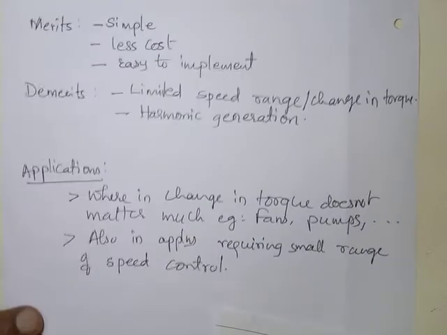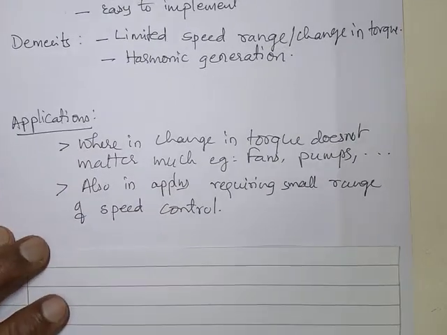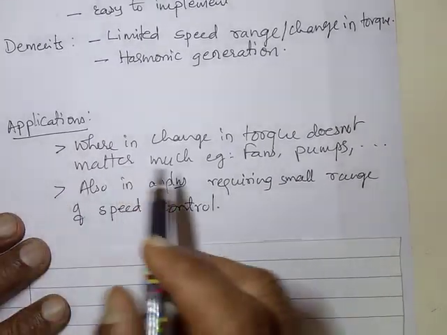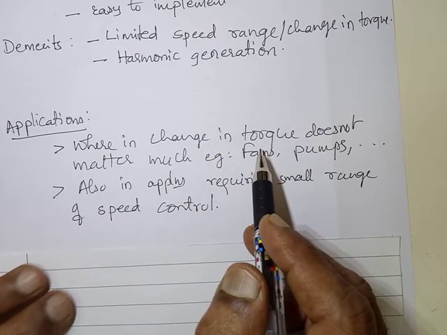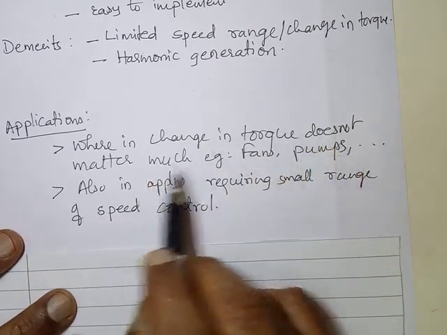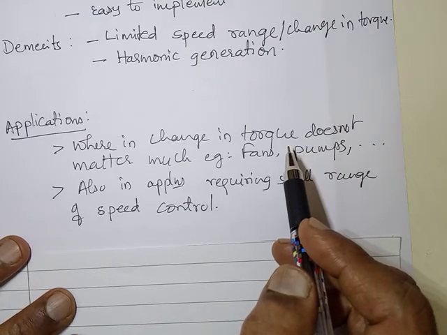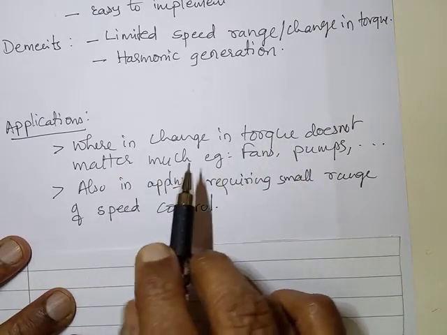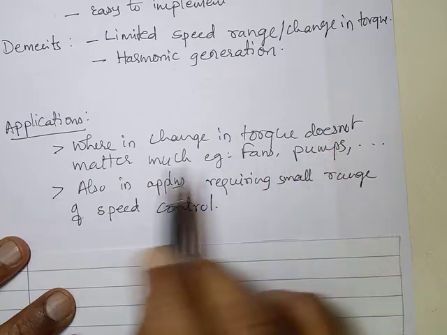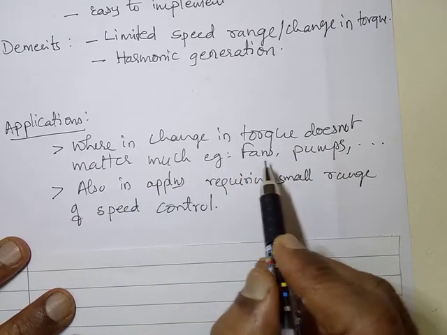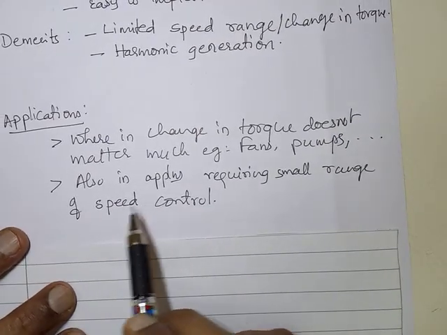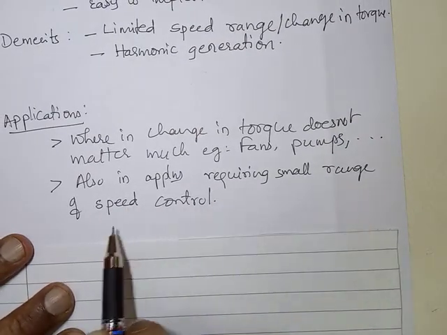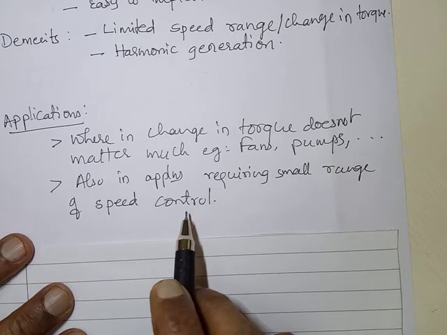Okay, so now what are the applications? This is a very simple method of controlling speed. So it is suitable in situations wherein torque need not remain constant. Please register that in mind. Suitable for applications wherein torque need not remain constant, like fans, pumps, etc. Also suitable for applications wherein the speed range required is very small, not a wide speed range.